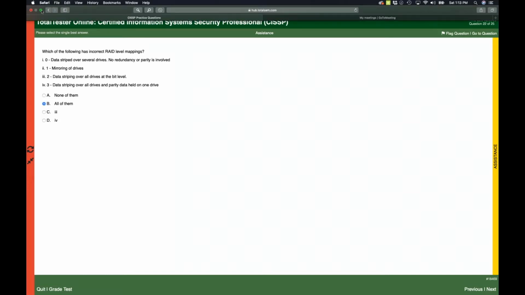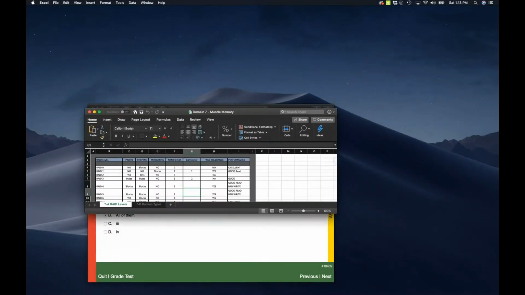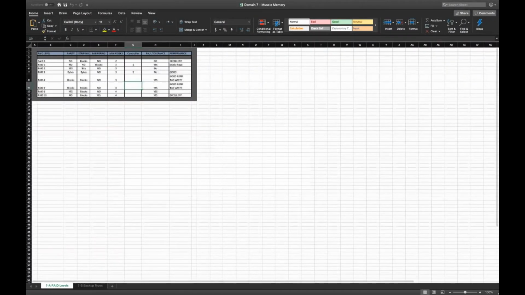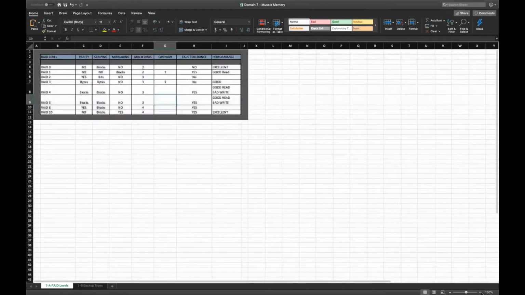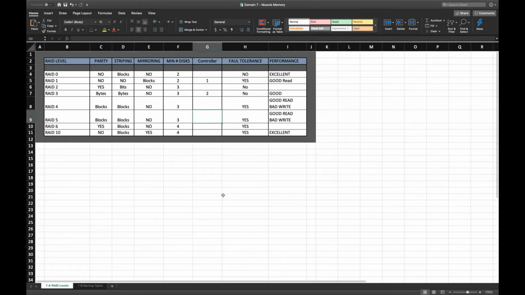Okay. Yeah, I think it's Alpha though. None of them are incorrect. I believe it is Alpha as well, yes. Well, I can tell you that, okay. So RAID level 0 has no parity, no mirroring, just striping. RAID 1 is mirroring.